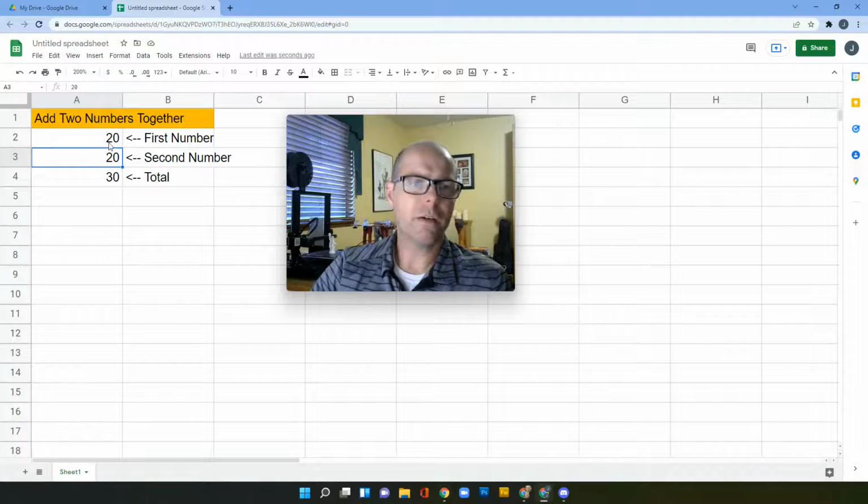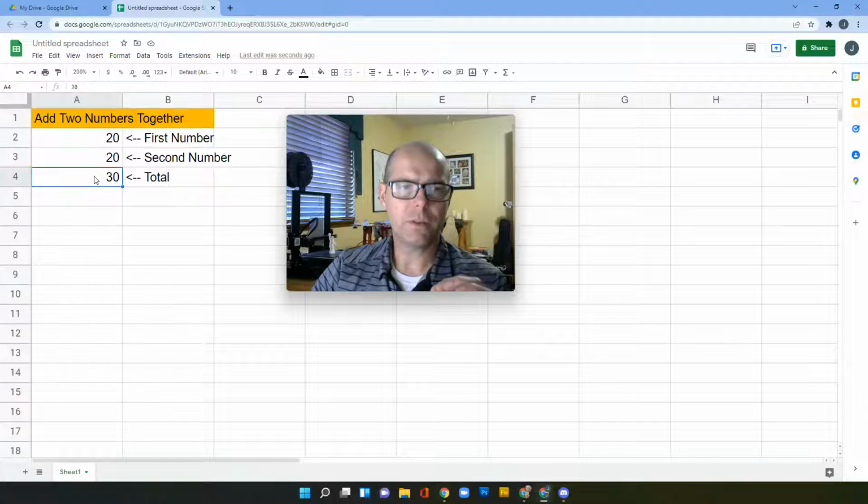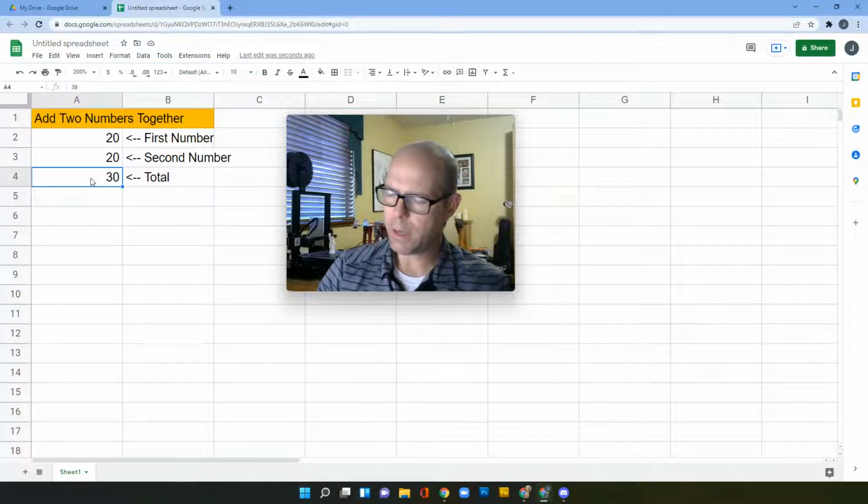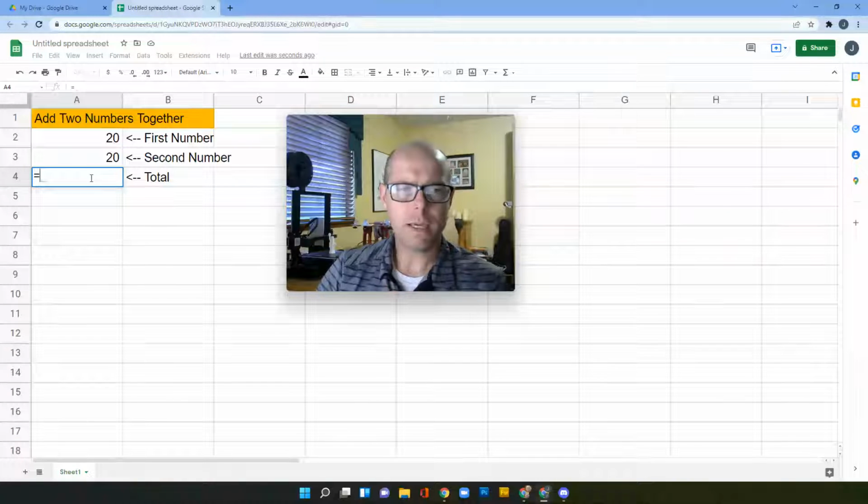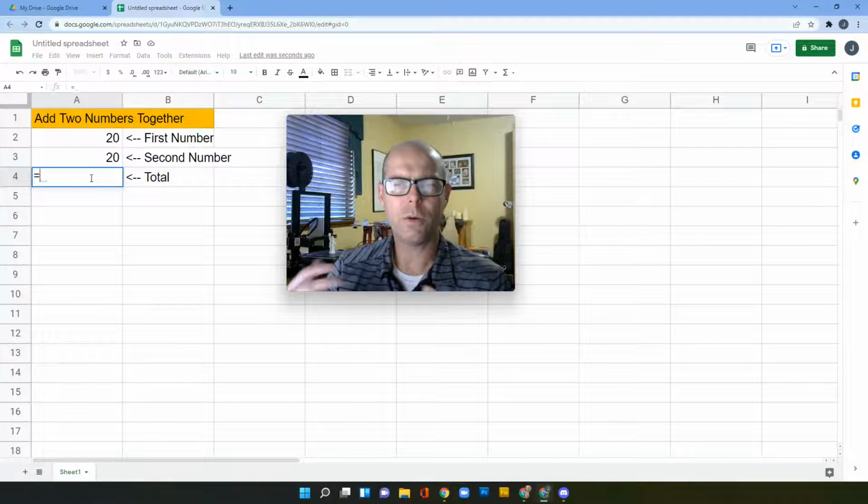So instead of talking about numbers, we always want to talk about cells. So instead of using the number 20, I'm going to talk about where the 20 lives. The 20 lives in cell A2. So right here, I'm going to start telling Sheets, hey, it's time to do some math. Equals. And I also always want to put that equal sign into the cell where I want the result.